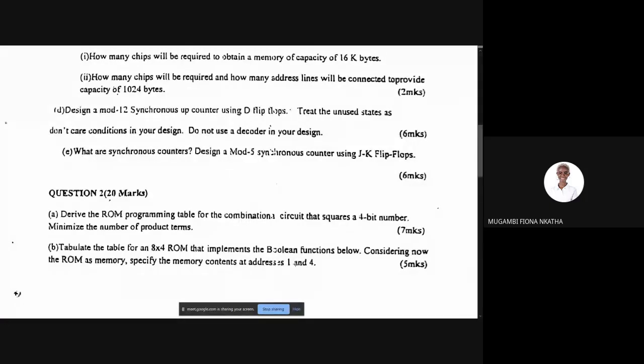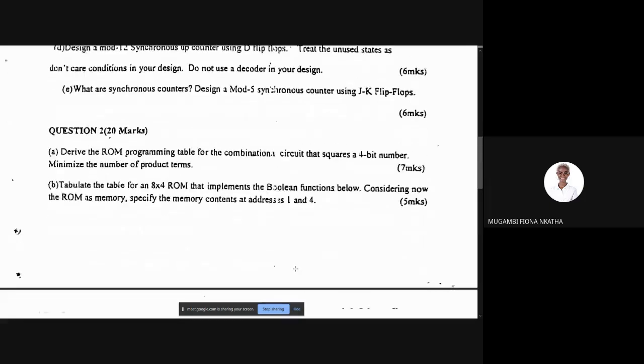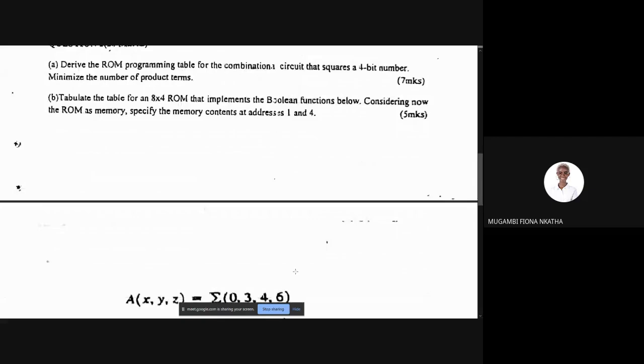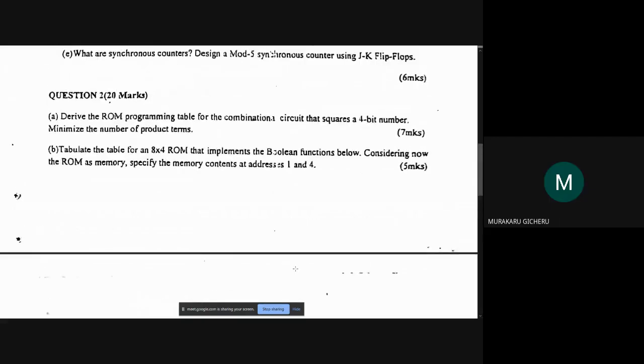Derive the ROM programming table for the combinational circuit that squares a 4-bit number. Minimize the number of product terms. You guys can see, right? Yes, your screen is presenting.